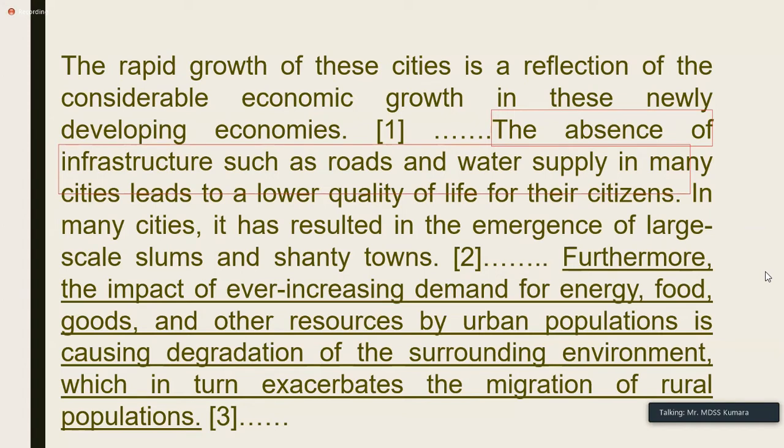The absence of infrastructure, such as roads and water supply in many cities, leads to a lower quality of life for their citizens. So what is the kind of information given about urbanization in this sentence? Or what is the purpose of using this sentence? What does the writer tell about urbanization in this sentence?